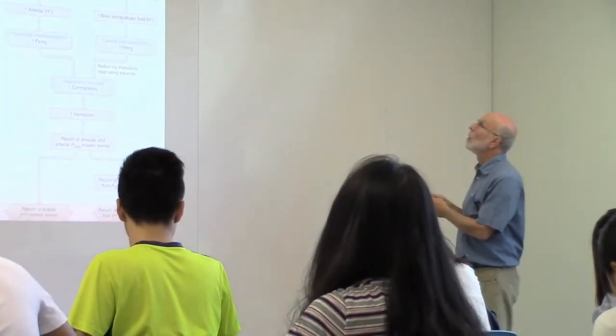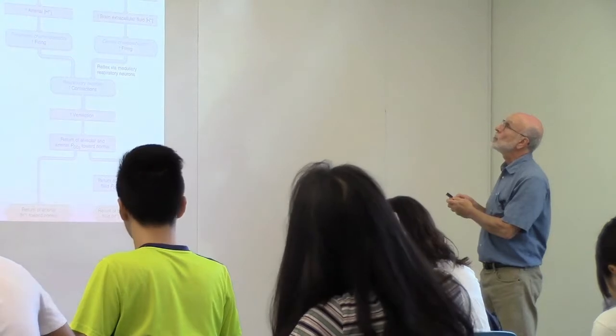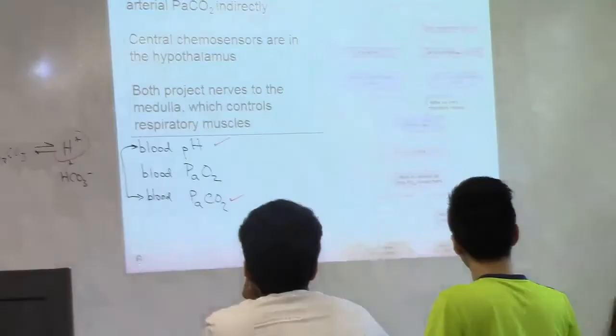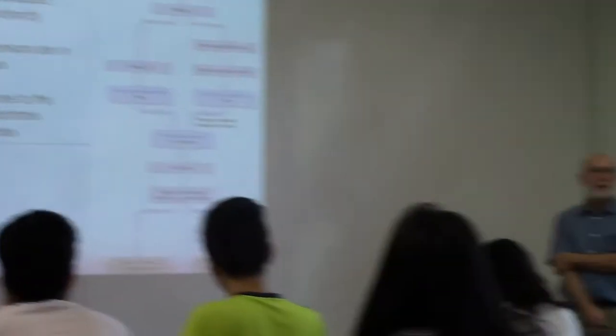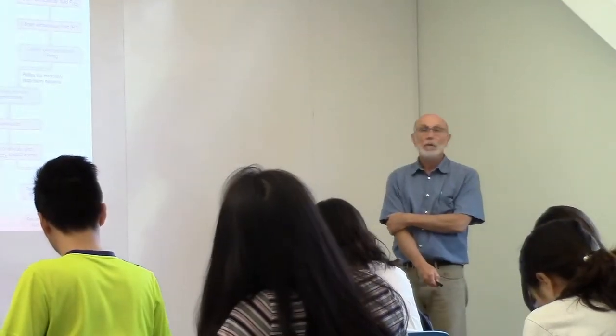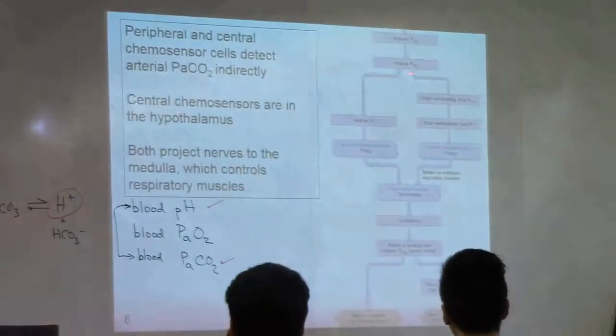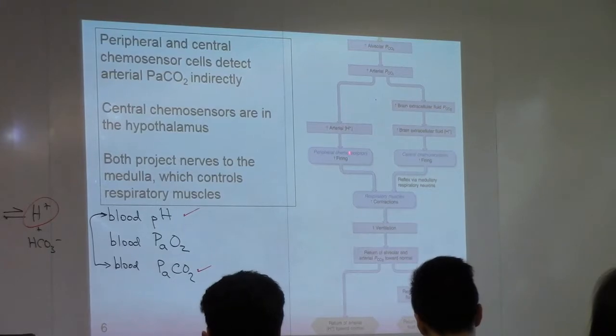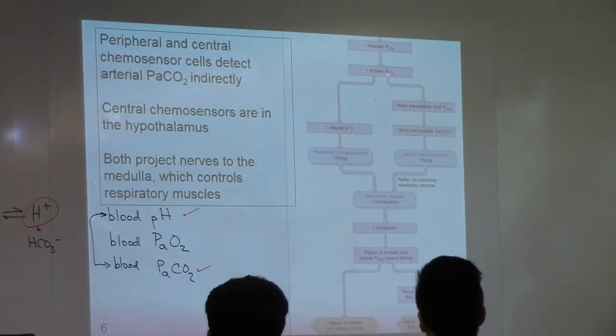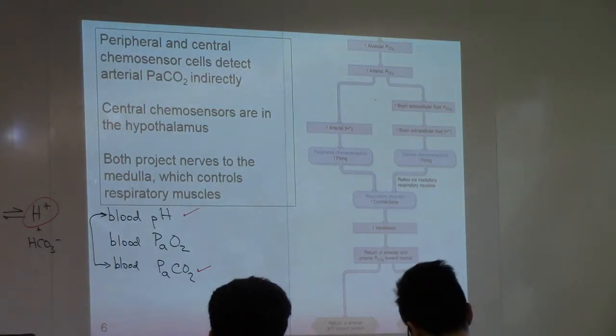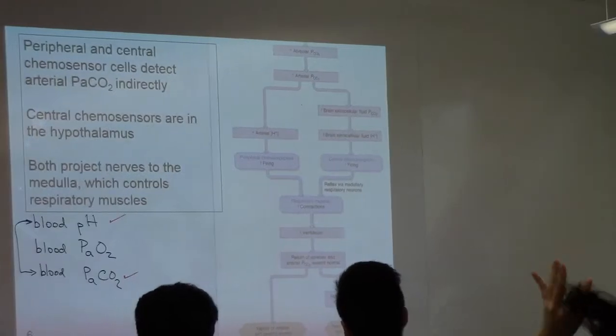So alveolar PCO2 goes up. As a result, arterial PCO2 goes up because they're almost always equal. Now let's follow the peripheral line here. If arterial PCO2 goes up, then arterial proton concentration goes up because of the equilibrium that you know about, and so arterial pH goes down.